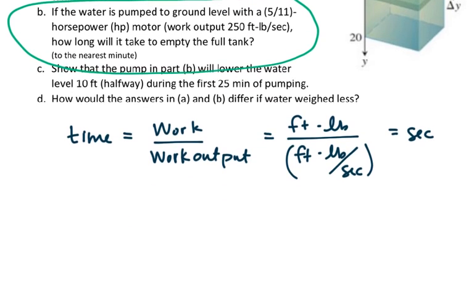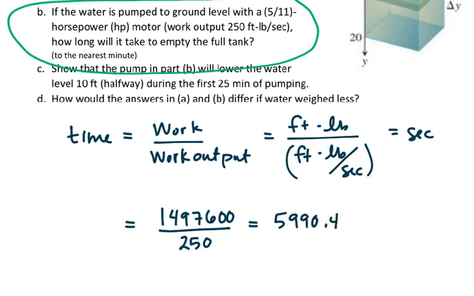So we have our work. We found that in the last part of the problem, 1,497,600 divided by the work output of 250. This gives me 5,990.4 seconds.